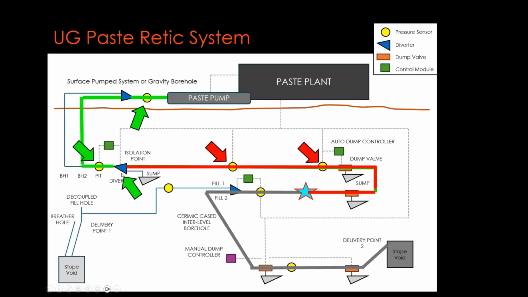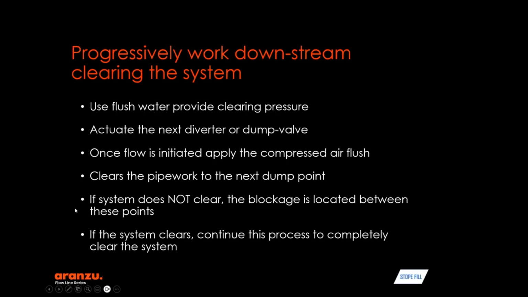to progressively work our way down, actuate the next diverter or dump valve, and once the flow is initiated, apply the compressed air. This clears the pipework to the next dump point, and if the system does not clear, the blockage is located between these points. If the system clears, we continue this process to completely clear the system.